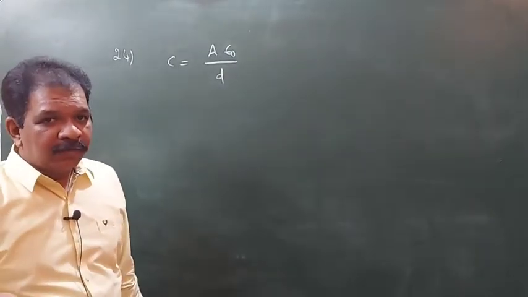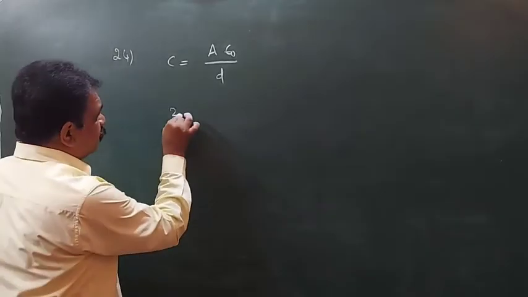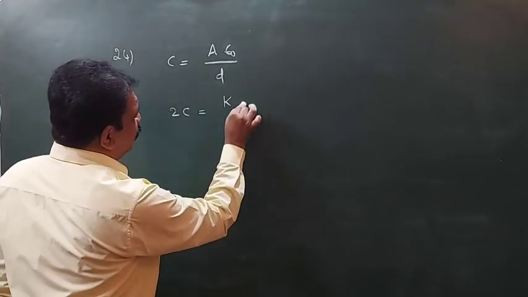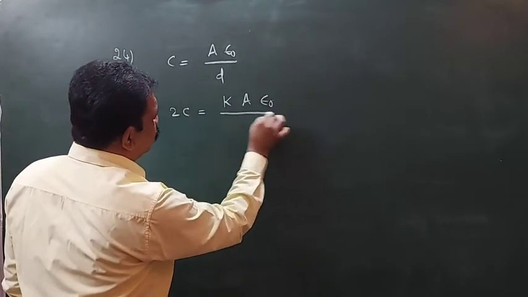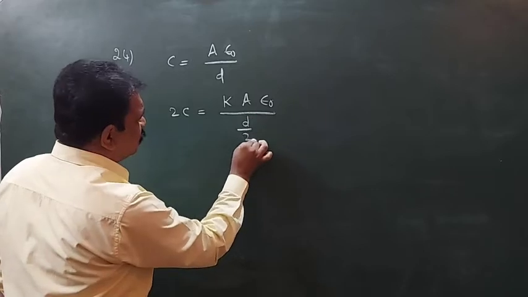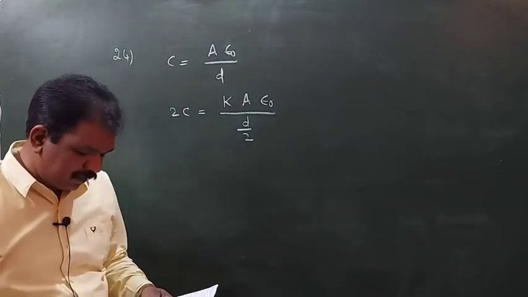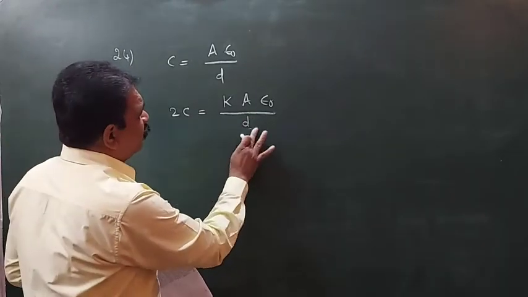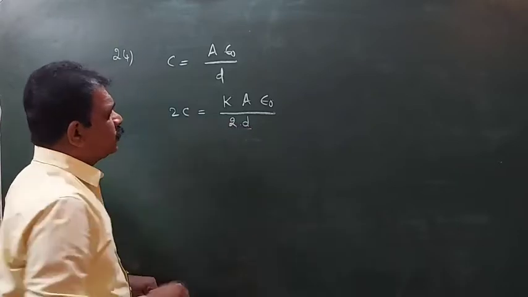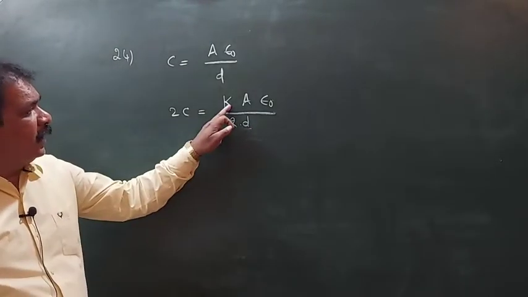Now the capacity becomes 2C when the dielectric is introduced and the distance between the plates is doubled. Doubled means you have to take 2D. Then what is the K value?